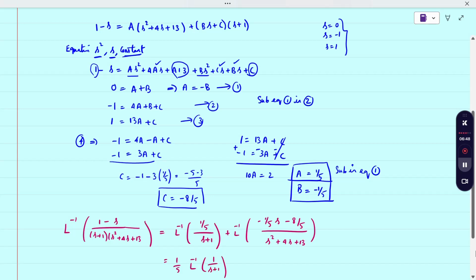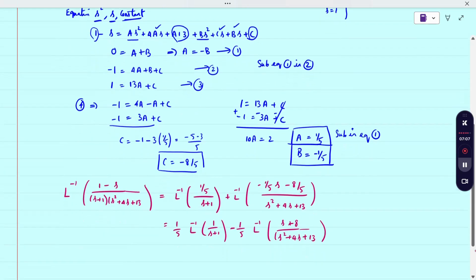In the same way, minus 1 by 5 can be taken outside, so L inverse of (s plus 8) divided by s squared plus 4s plus 13.